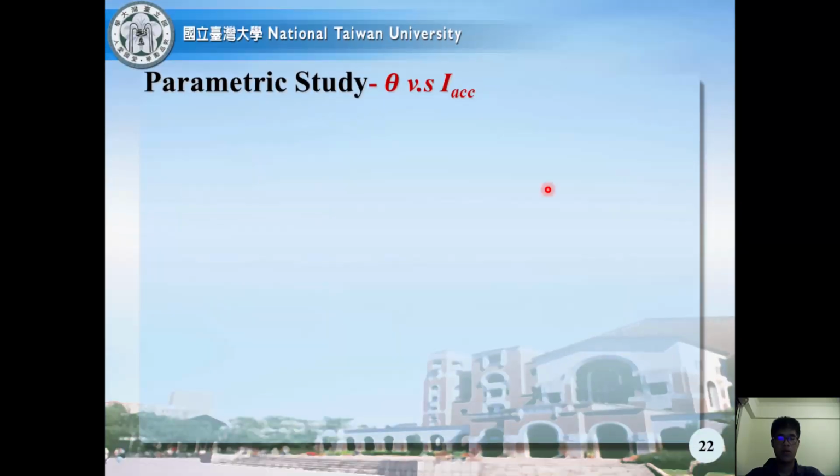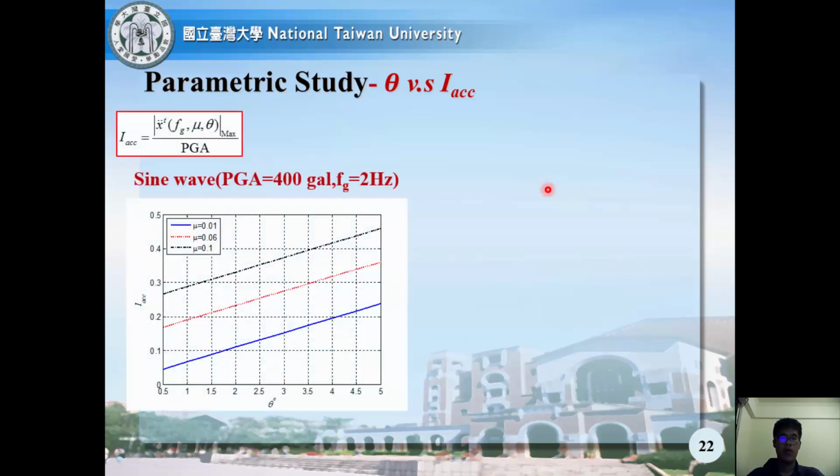Now I'm going to discuss the relationship between the inclination angle theta and the acceleration response. In order to ensure the system works under the earthquake, theta varies from 0.5 to 5 degrees, with 3 different friction coefficients. The PGA goal is set as 400 gal, and the ground motion frequency is equal to 2 Hz.